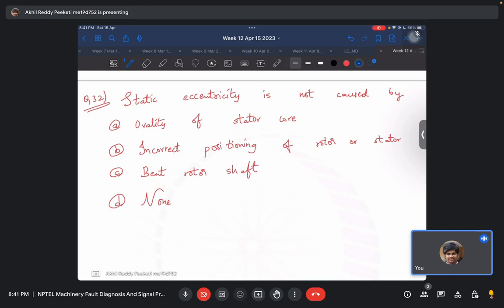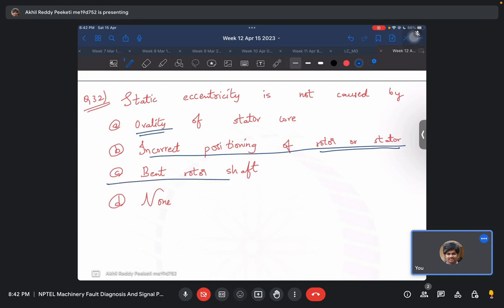Static eccentricity is not caused by ovality of stator core, incorrect positioning of rotor or stator, or bent rotor shaft. If you have an ovality of the stator core and incorrect positioning of the stator or rotor, there will actually be static eccentricity.